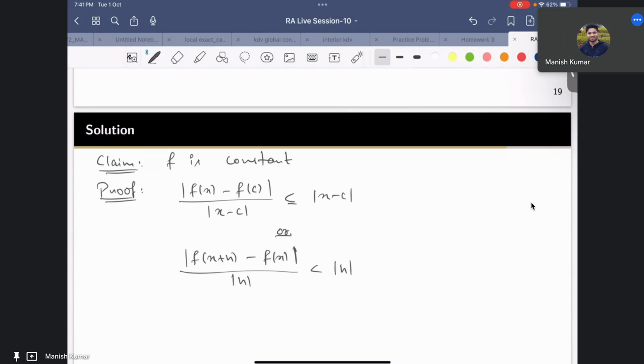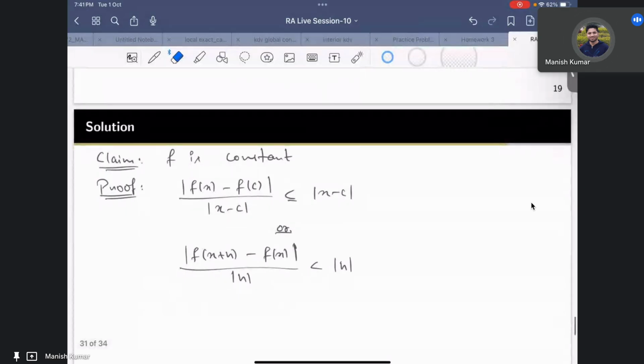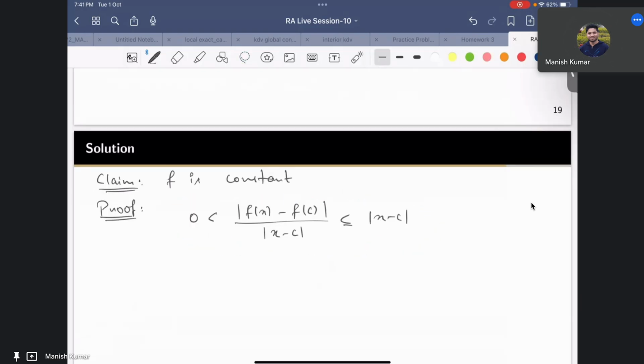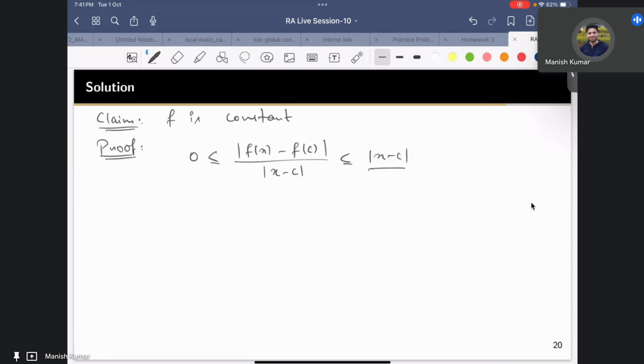Okay, so now if you see, this is nothing but the derivative: if I take the limit x going to c, then without the mod, that is the derivative, correct? Now you can bound this below by 0, and you know that the right side goes to 0 as x goes to c.